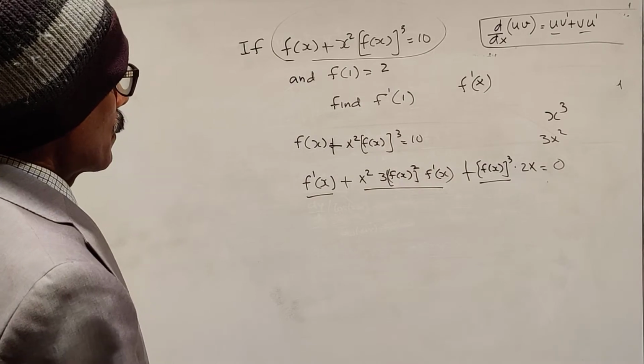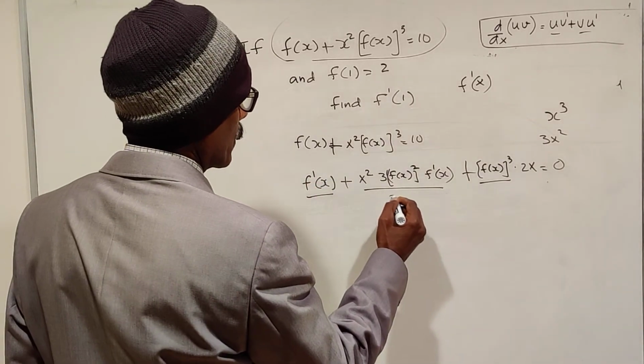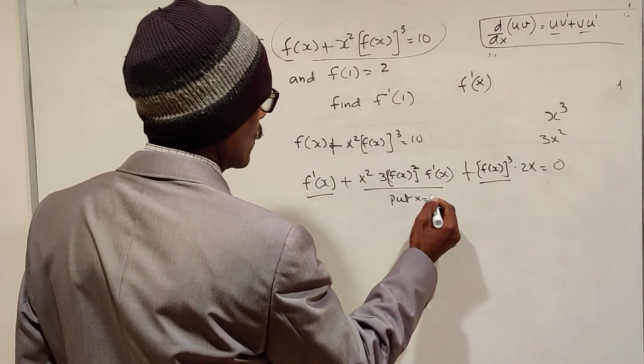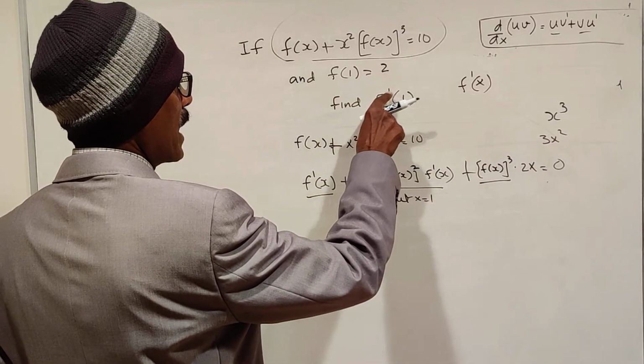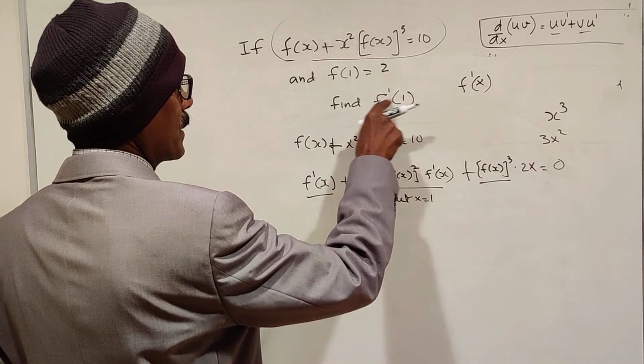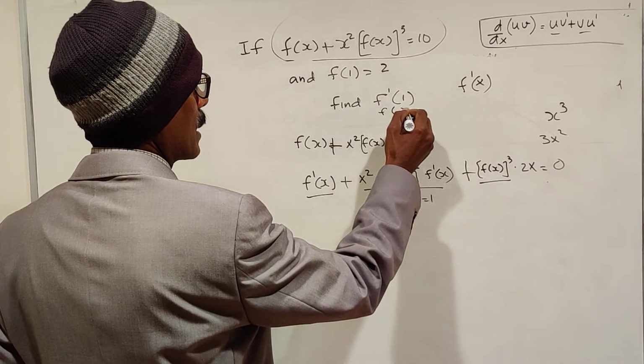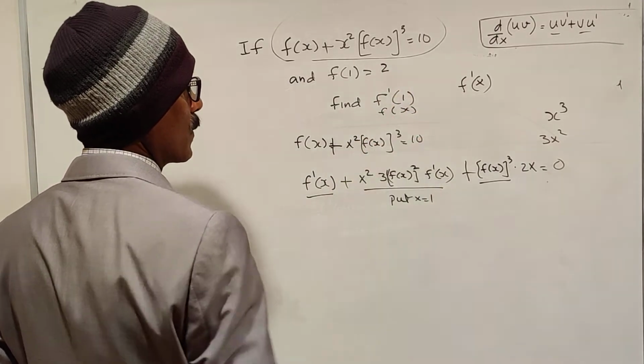Then put x is equal to 1. Why? Because we are going to find out f dash 1.